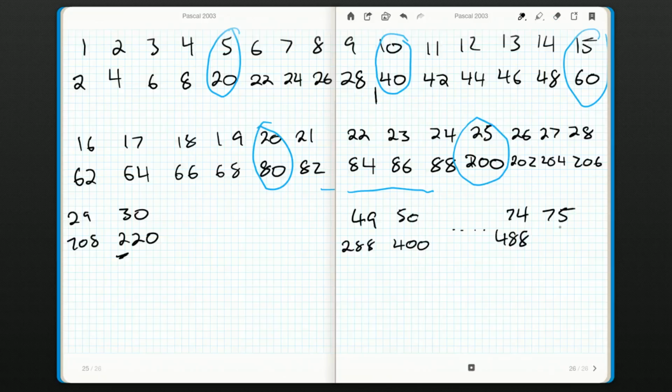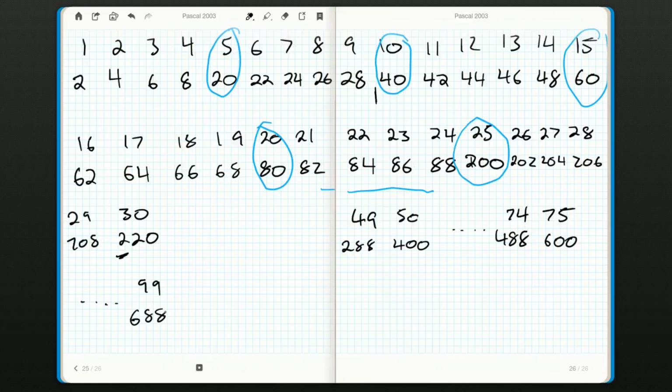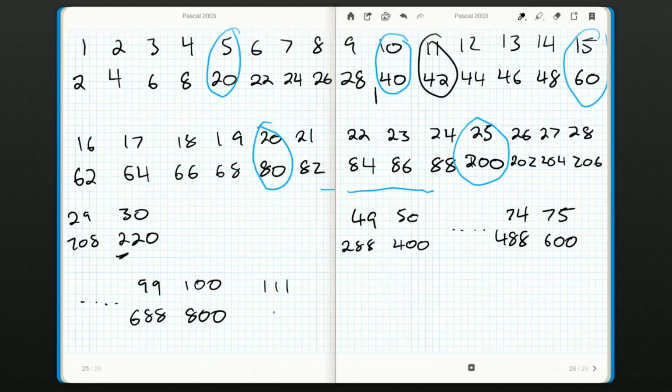And then 75, when I multiply by 8, we should get 600. And then we keep going, and 99 is 75 plus 24, so that'll be 600 plus 88, so 688. 100 will be 800. Okay, and 100 plus 11, so 111 should be 842.